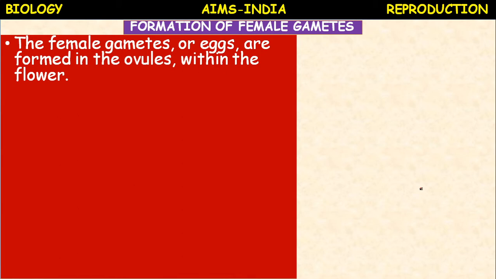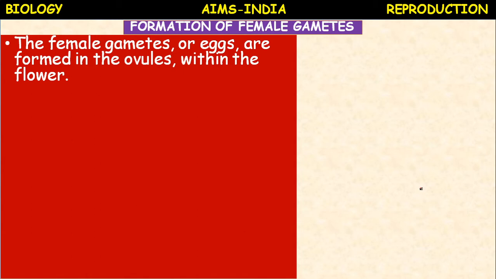Inside the ovary is the ovarian cavity, and a cushion-like structure called the placenta is present, which you will study in higher classes. The ovules are attached to that placenta.